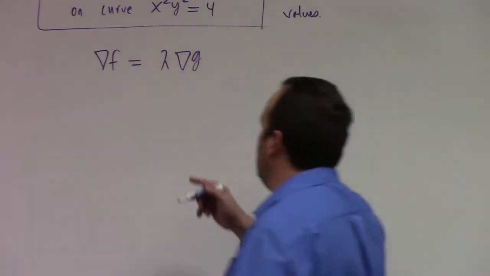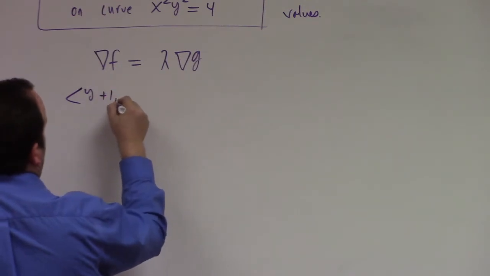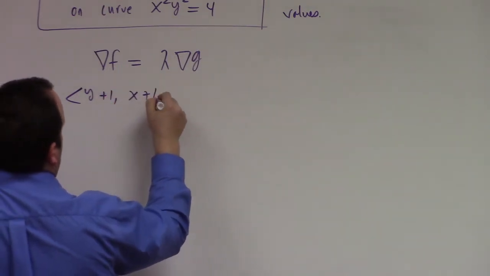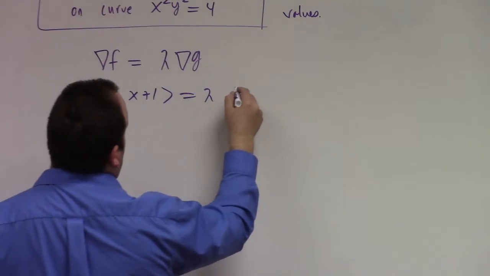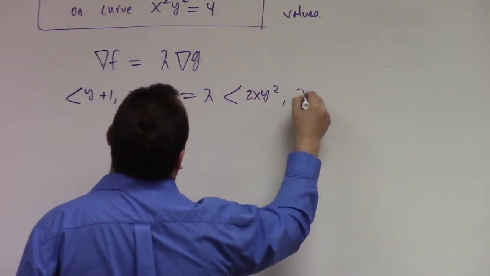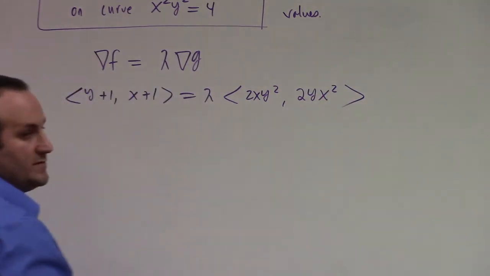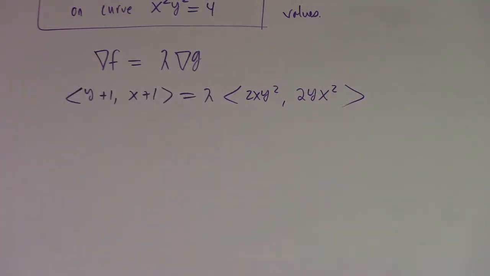You just have y plus 1 comma x plus 1 is lambda times what? 2xy squared comma 2y x squared. And try to solve those. Those look hopeful. Number 72, though, was the troubling one?